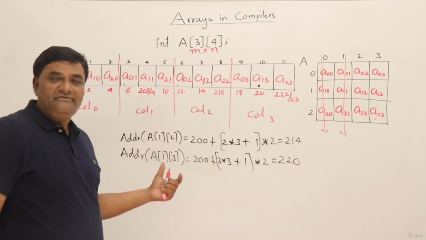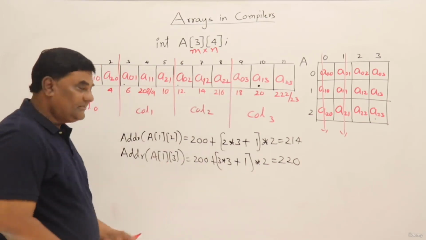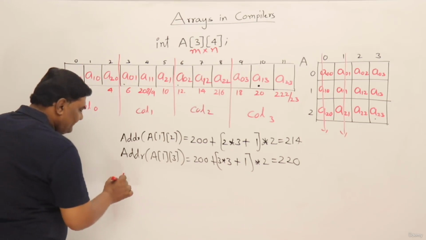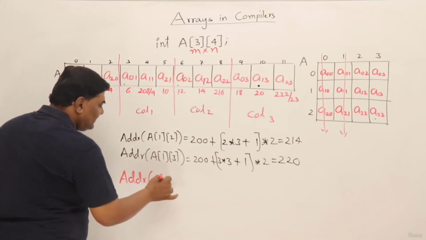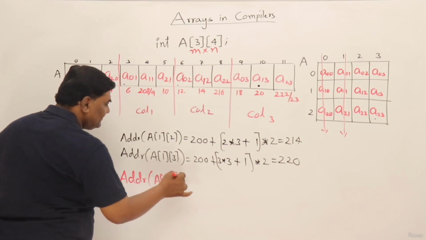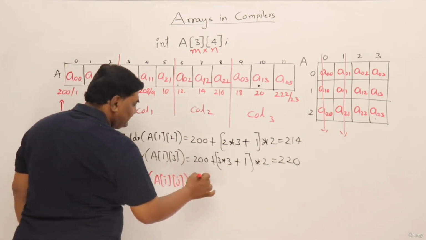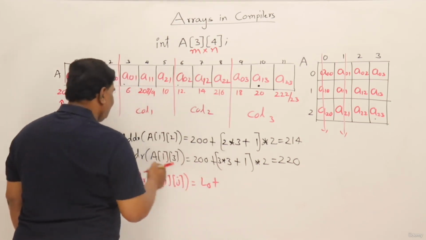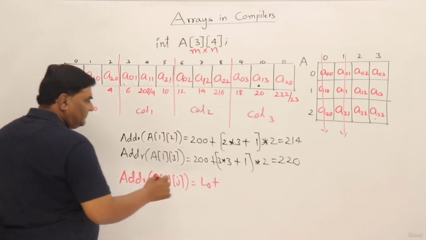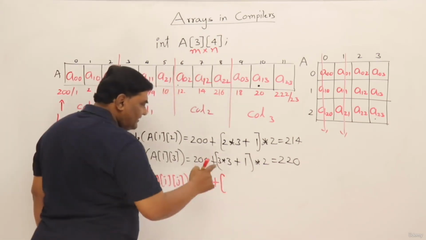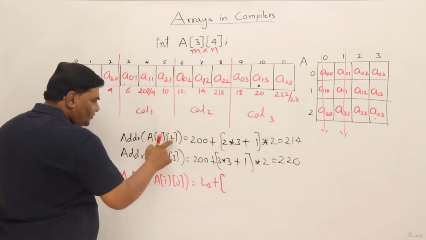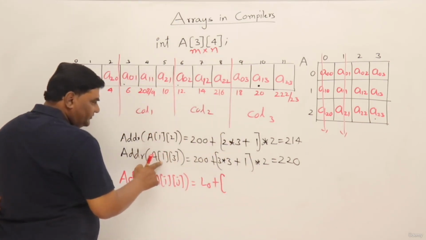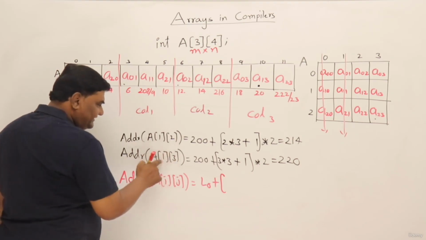So now we have 2 examples, and we can prepare a formula for any index A[i][j]. This is location 0, that is the base address L0, plus... See, the column numbers 2 and 3 are used first, then the row. So first j, then i.